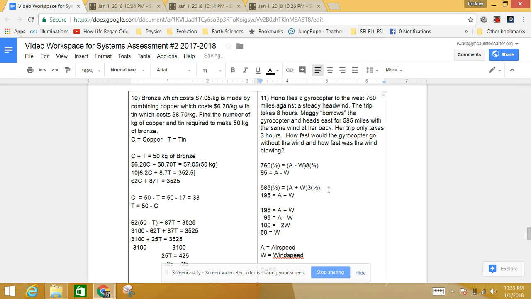Now that I have the wind speed, I can work out my airspeed. I can plug in my wind speed to this equation. Wind speed is 50. Then I subtract 50 from both sides.